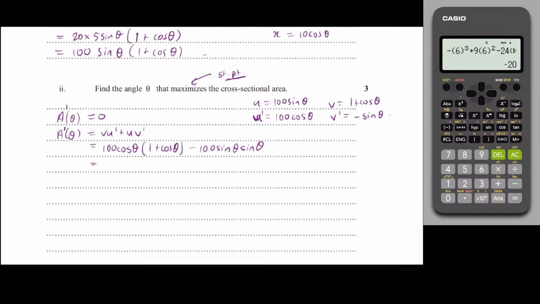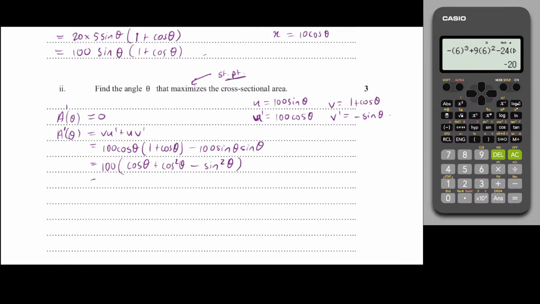So let's take a factor of 100 out: cos theta plus cos squared theta minus sine squared theta.